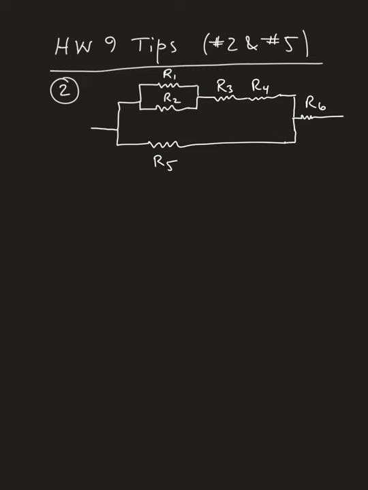And the idea is that you're trying to find the equivalent resistance of all of this mess. The idea of the equivalent resistance is simply: what's one resistor? From the point of view of the current coming through here, it could be the other direction, but it doesn't really matter for this.